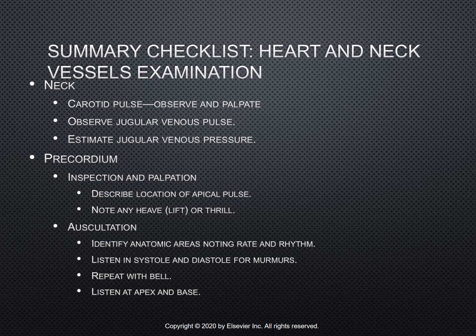We are observing for jugular venous pulse and estimating jugular venous pressure. The precordium, we would usually inspect and palpate the apical pulse, describing the location of the apical pulse, and if you feel any lift or thrill.